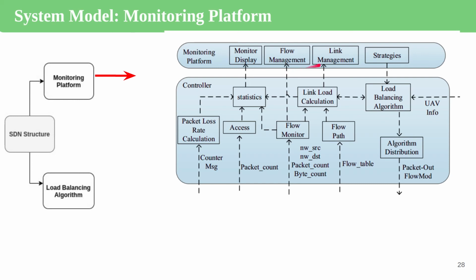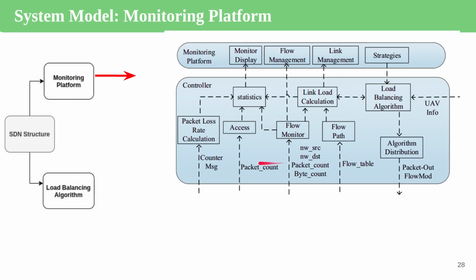And then link management module manages the link load considering the update from UAV and other modules. Algorithms and protocols are developed in a strategies module depending on different application demands. The other modules in the controller are responsible for information gathering and calculating.